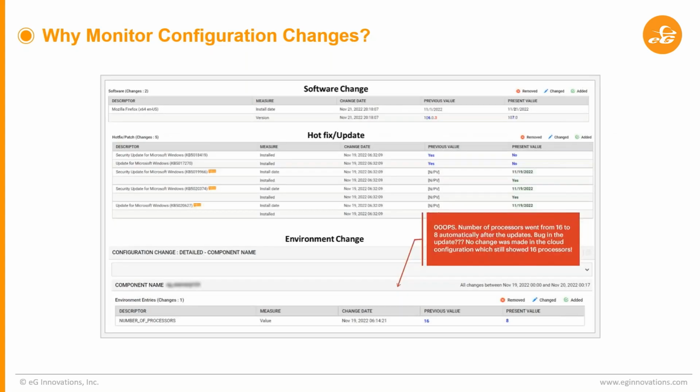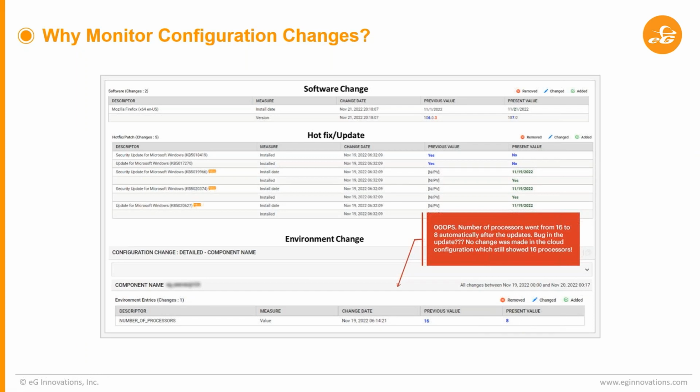Now, cutting a long story short, this chart shows the configuration changes that happened during the time the problem happened. There were software changes, there were hot fixes deployed, there was an environment configuration change that we had tracked. And one of the changes that we found was that one fine morning, the number of processors on the operating system had changed from 16 to 8. So the number of processors had dramatically been reduced.